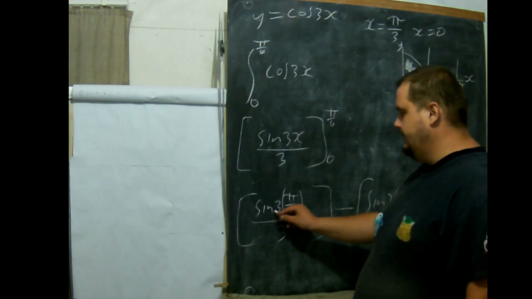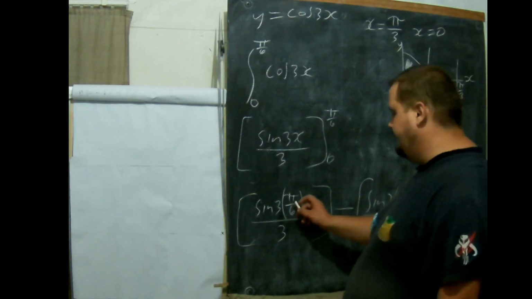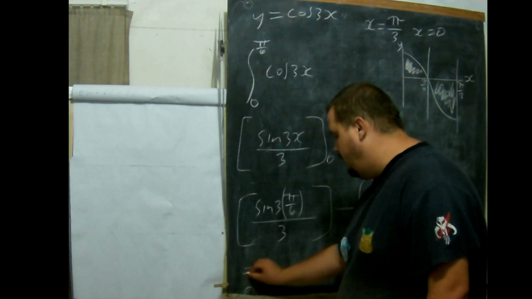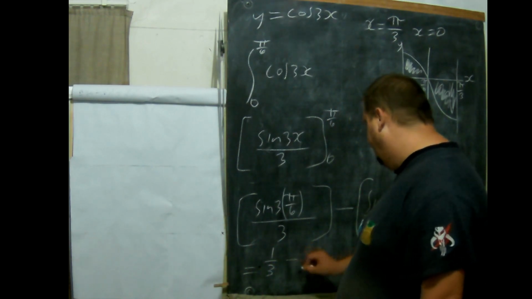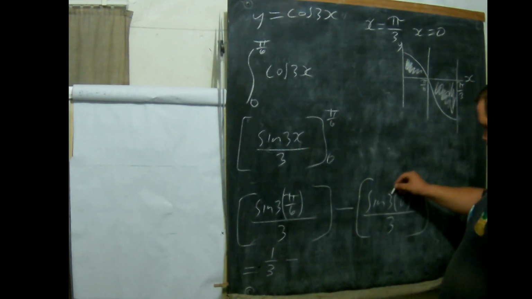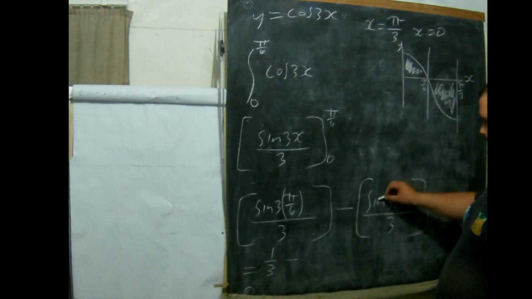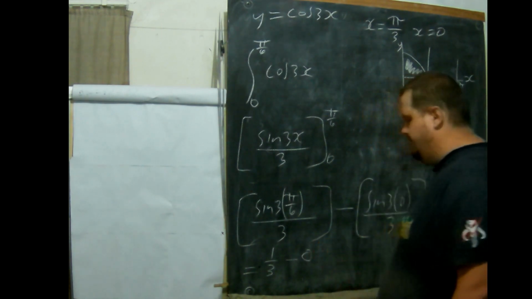Sine 90 is 1. So this equals 1 over 3, minus sine 3 times 0, which is 0, and sine 0 is 0, so 0 over 3, so minus 0.